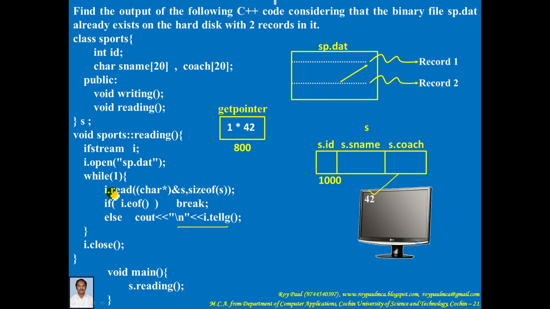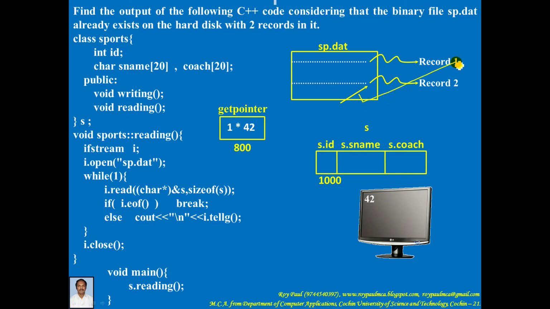Now after this, because of this while loop, the statement repeats. This is an infinite while loop, so control comes inside. The read function reads a record from the binary file. From the current file pointer position, it reads one record, record number 2, and it is stored in object S. So now object S contains record number 2. After reading record number 2, the file pointer is at the end of record number 2.